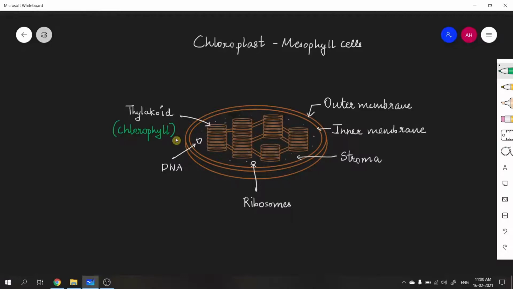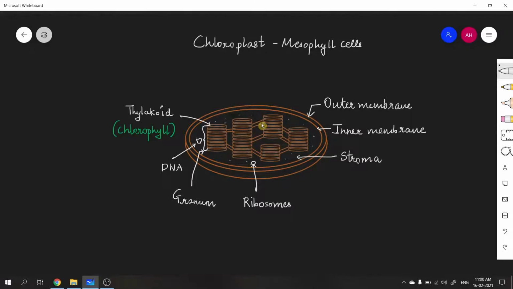If you observe, the thylakoids are placed one above the other to form a stack, and this stack is called a granum. Let me label that over here. So let's say this entire stack is called a granum. You can see there are several grana present inside the stroma of the chloroplast, and they are all connected to each other.